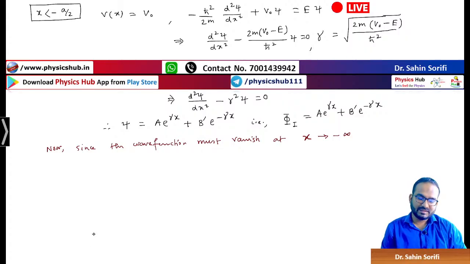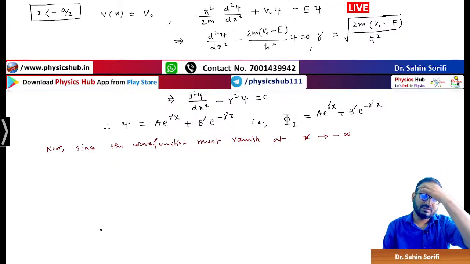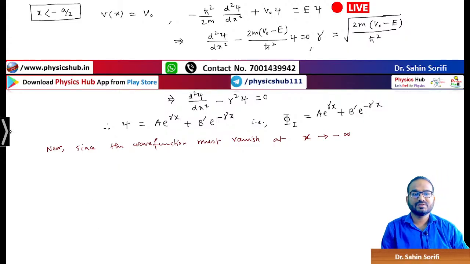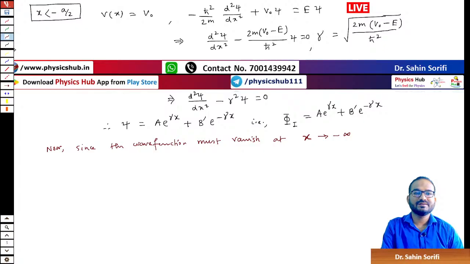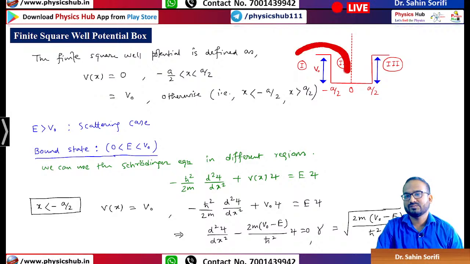So does it mean the particle can also exist outside the well even though its energy is less than V naught? No, in that case it will give rise to tunneling. If the particle's energy is more than V naught, then it can come out the way we see classical things, scattering problems.